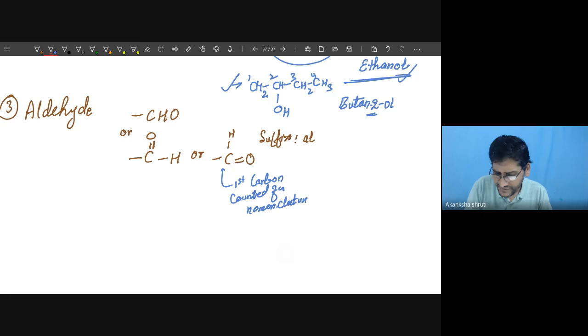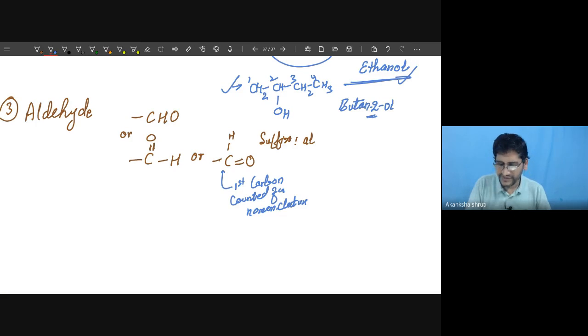Let us take one example and then draw it. Students, this open valency will attach with either hydrogen or another carbon. So let us take one example. If we place hydrogen at this open valency, this is the aldehyde.